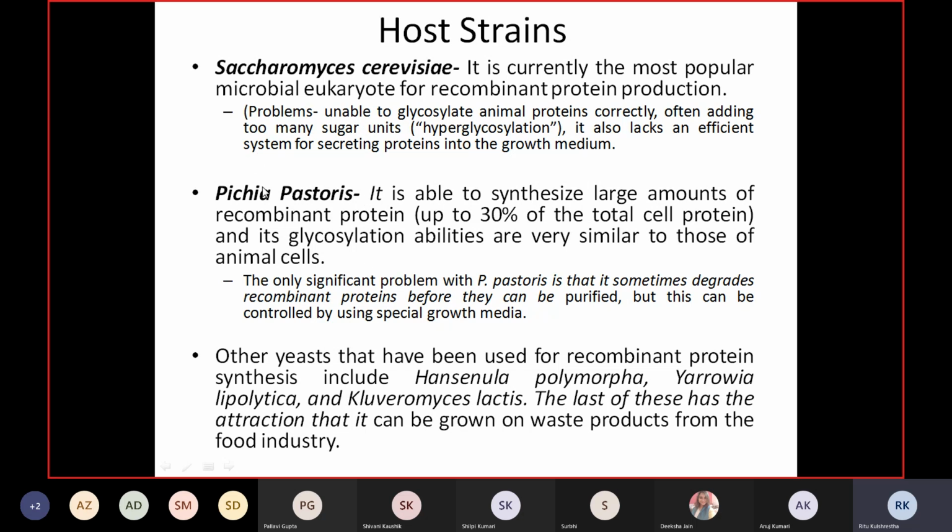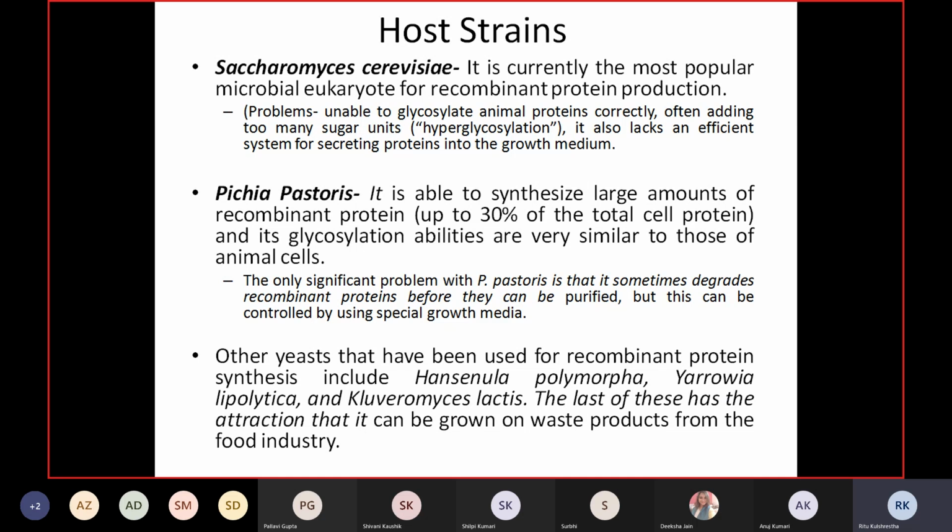Now I think even Professor Atul Narang's lab, they are working on this, and maybe, I'll just come to that, which are the other strains of yeast that are being used. So I also don't know that so many names have come up with respect to yeast, because I told you it's a dynamic system. People are looking for ideal host strains which have all the good properties of functioning as a host strain. And which are the good properties?